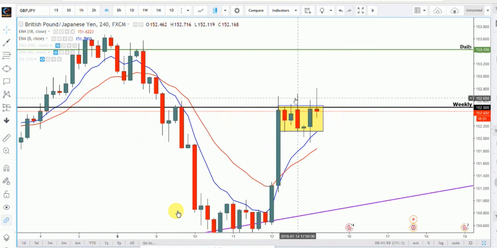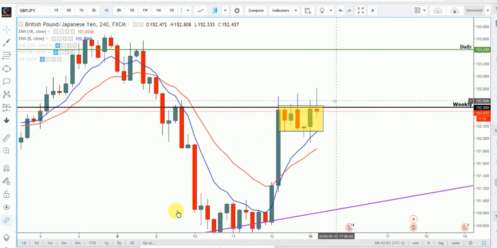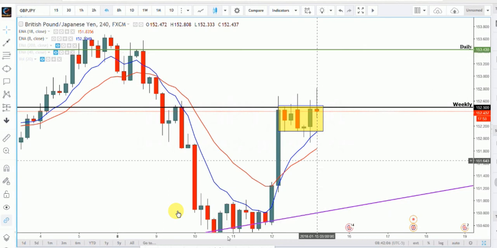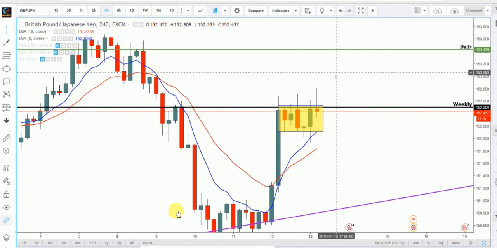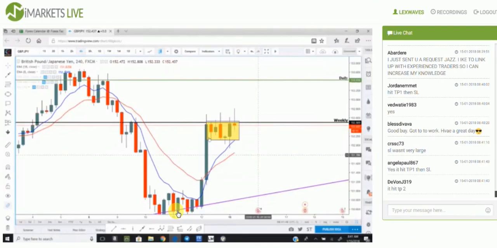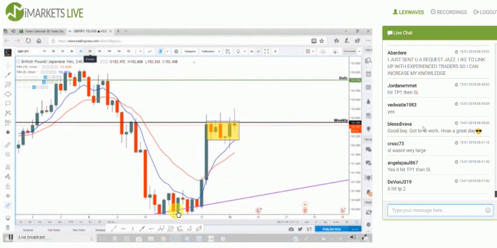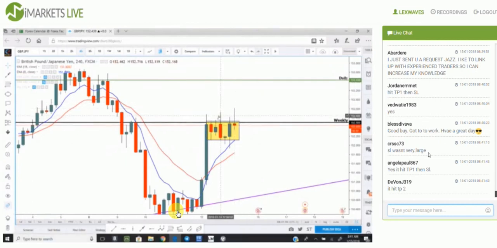I don't care if it wicked. I need the close outside the box to confirm the next target. I need the close. Well, yeah, thank God it wasn't very large.